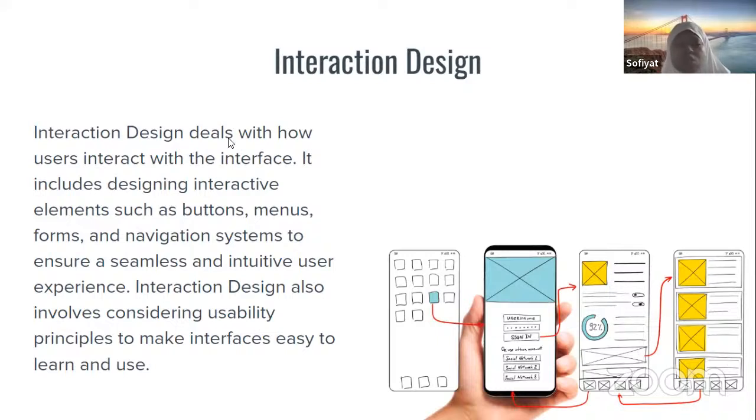Interaction is how the user interacts with the interface. It also includes the button. If I click on this menu and everything, it will lead me to one screen. Interaction design also involves considering usability principles to make the interface easy to learn and use.